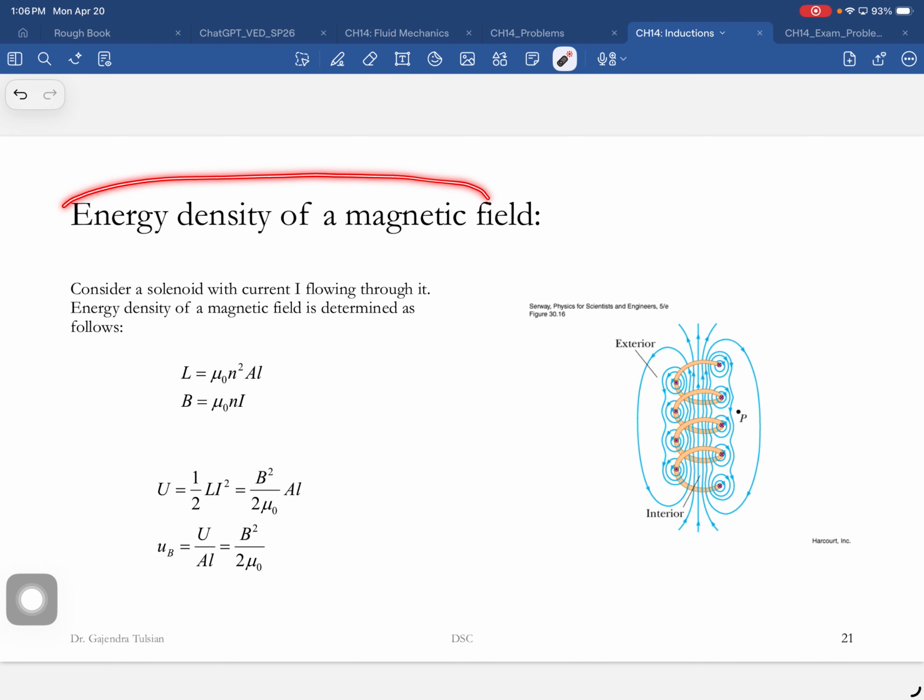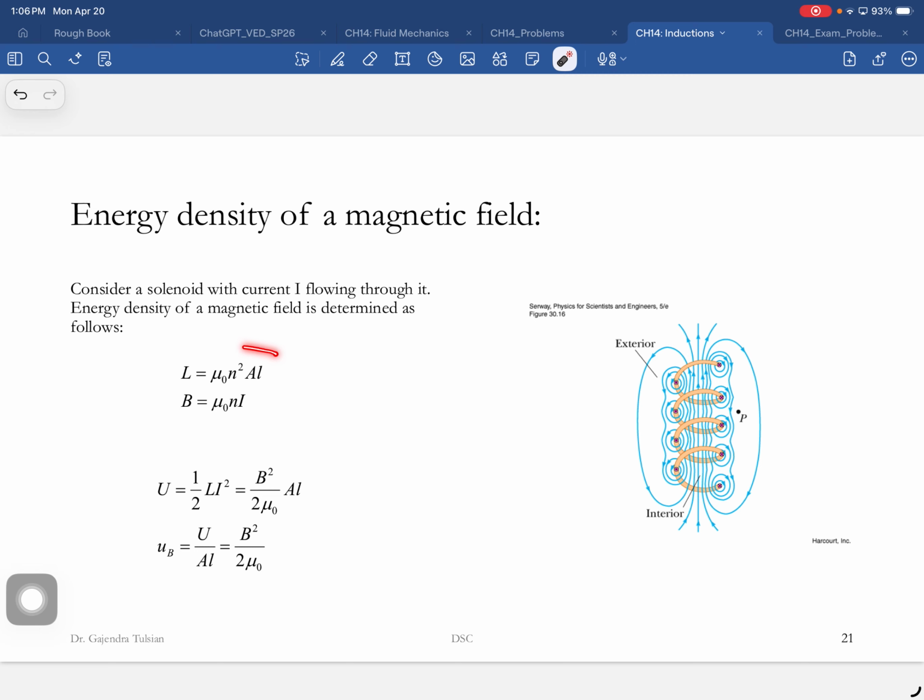So now we'll give you the expression for energy density in a magnetic field. So here's a coil. When you pass a current through this coil, it is producing a magnetic field in it. All right, so the energy stored is 1/2 Li squared. L is the self-inductance of the coil.